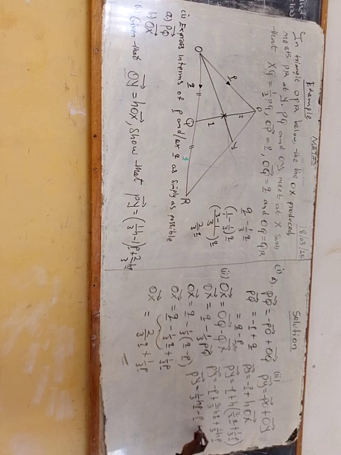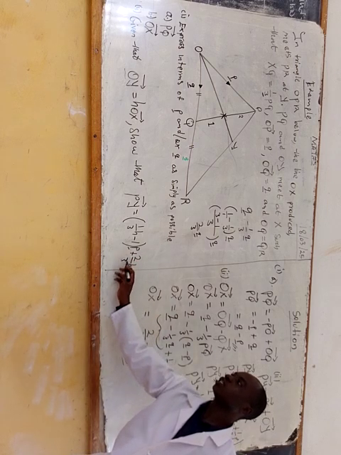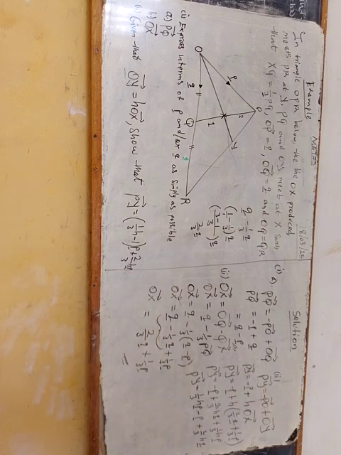What is remaining? Plus 2 over 3 H vector Q. We are getting there. So what do we do here? Factorize vector P.